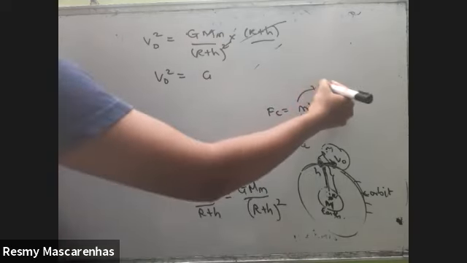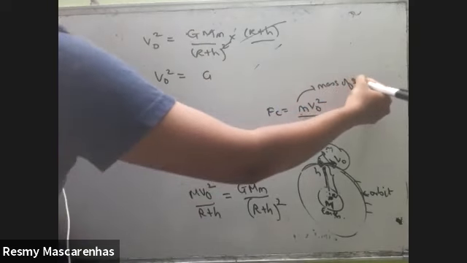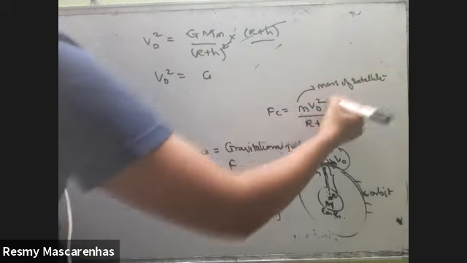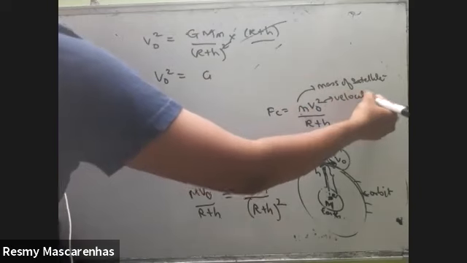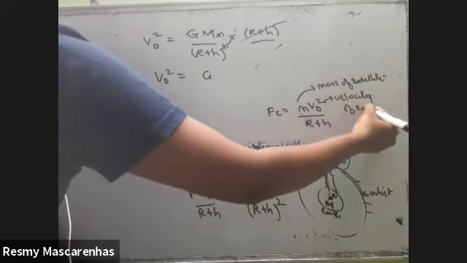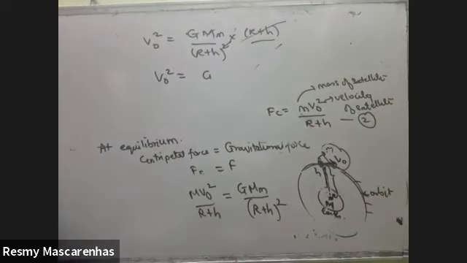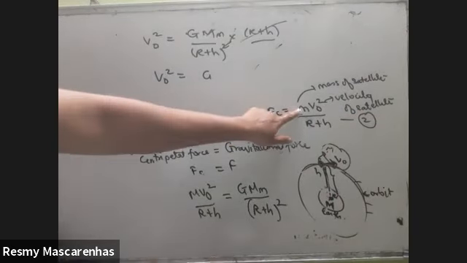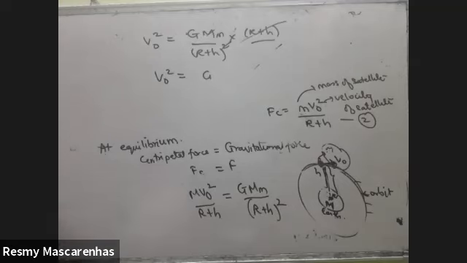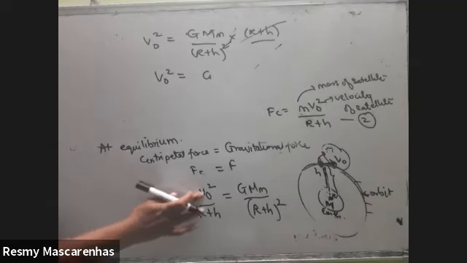Because this is mass of satellite. And this is velocity of satellite. So instead of capital M, just make the small m. So this will be small m.